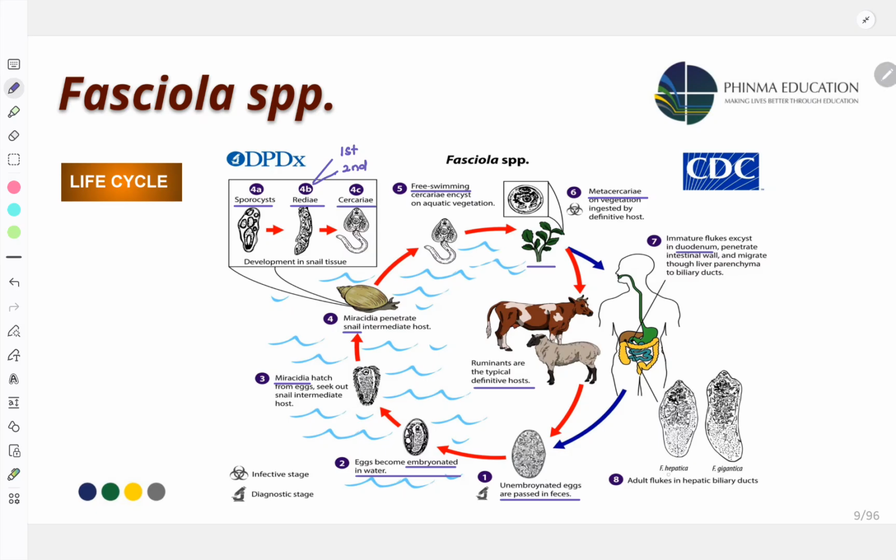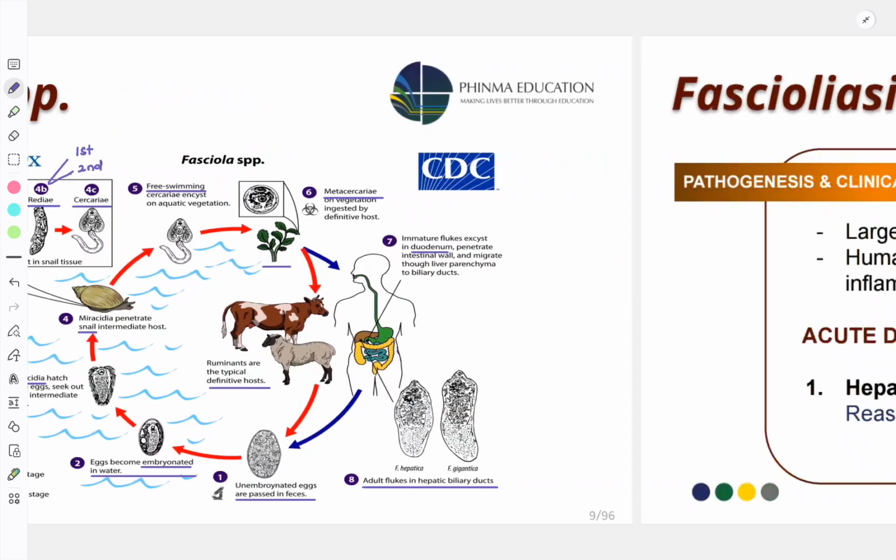So, and then sa liver dira na ang makita ang adult worm. So from the liver, it further migrates pa jud to the biliary ducts. And then dira na magsugod ang life cycle. So from the biliary ducts, the ova would be released through your bile duct to the intestine and then passed in the stool. So that is the life cycle of your Fasciola species.